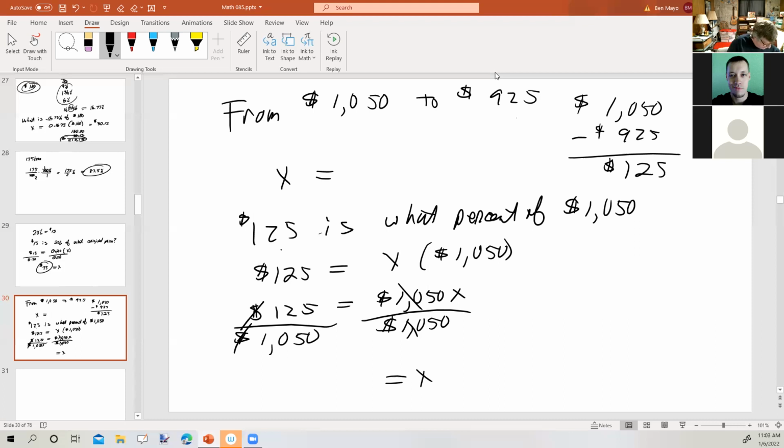Hang on a second here. I'm getting an answer that's like 11.9. And so I'm wondering if they want us to round off, but I don't see that in the directions. Well, approximately 12%. Oh, okay. Here I see in the previous question, it said round to the nearest percent, but it didn't say it in this question.